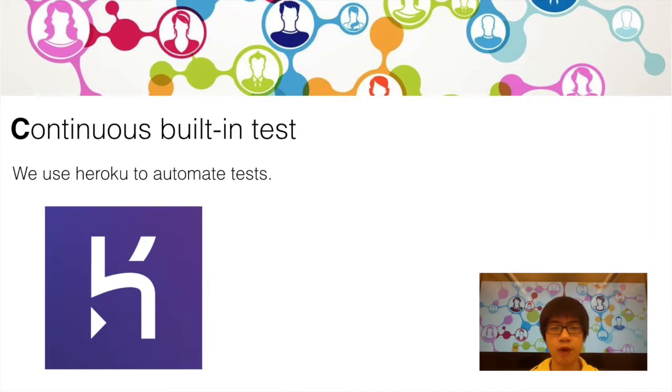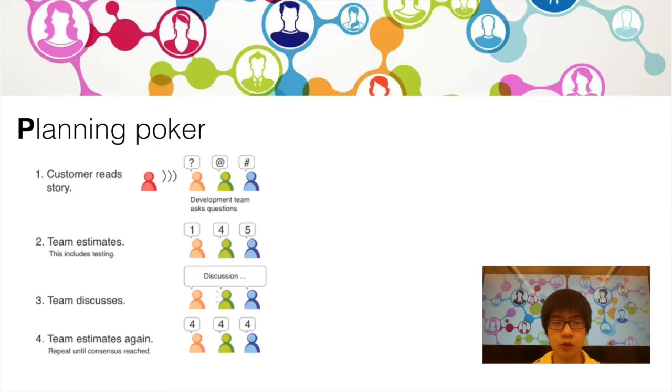Another unique practice of our team is that we used Hudson to conduct continuous integration builds and tests. With this tool, we were able to automate compilation and testing every time we pushed code to GitHub. In order to determine the value of each task, our team used planning poker to facilitate our decisions.